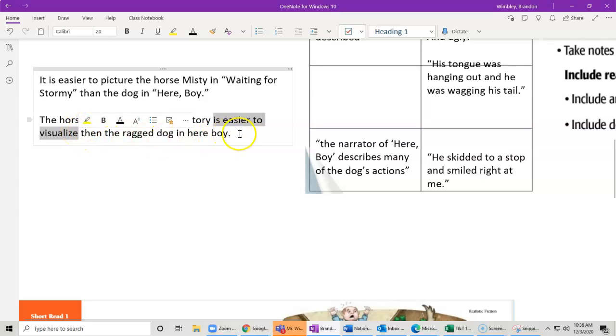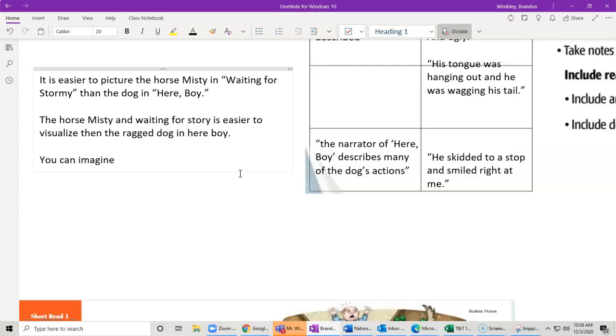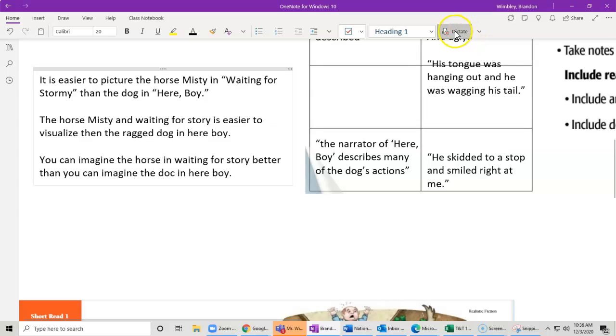I could also have this for my sentence. You can imagine the horse in Waiting for Stormy better than you can imagine the dog in Here Boy, period. So we're just taking whatever our opinion statement is, and in our conclusion, we just rewrite it differently.